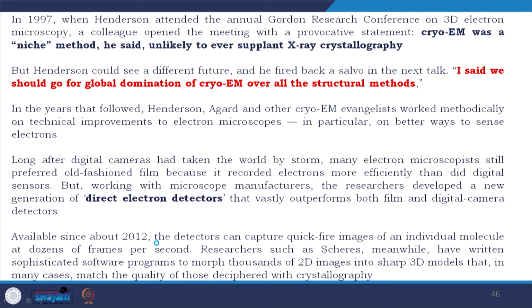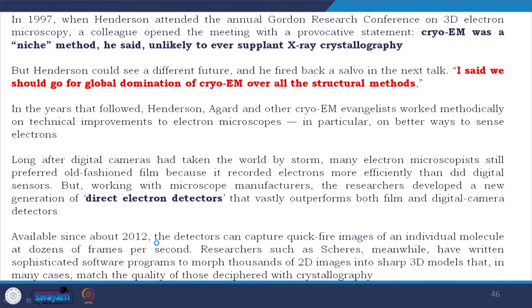So, the innovation of direct electron detectors, as I have told in the course for some time, is one of the keys. Available since about 2012, the detector can capture quick fire images of an individual molecule at dozens of frames per second. These have given cryo-electron a very significant move.